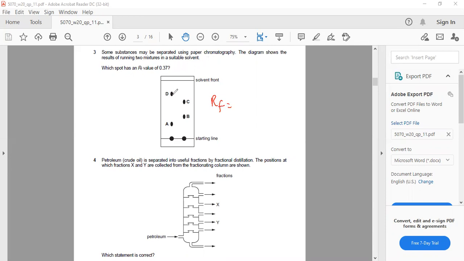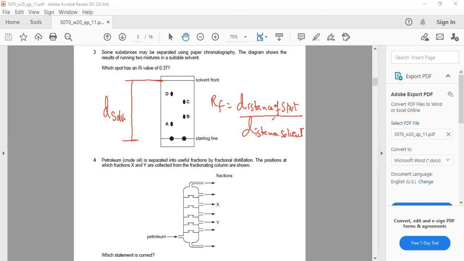Suppose if I say this one is a dye or spot, it is the distance covered by a particular spot upon the distance covered by the solvent. This is the solvent. So this one we have to measure. So the solvent will be in the denominator.